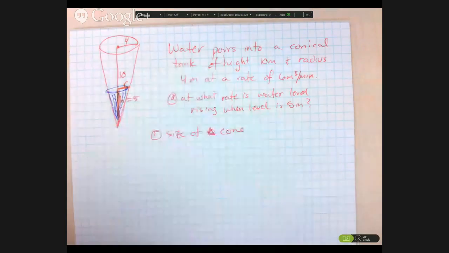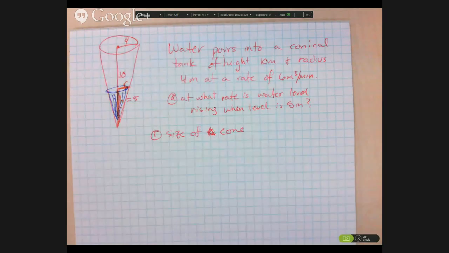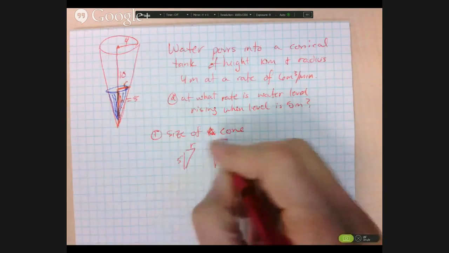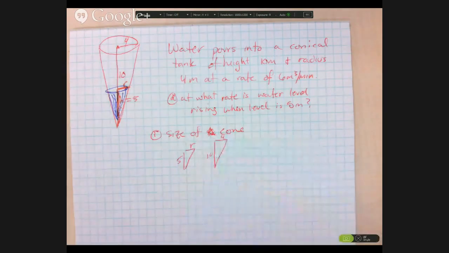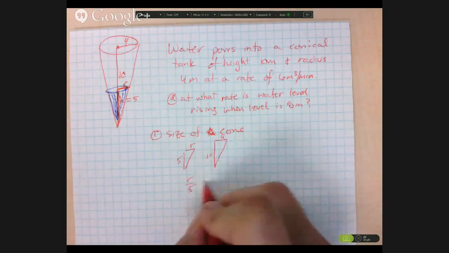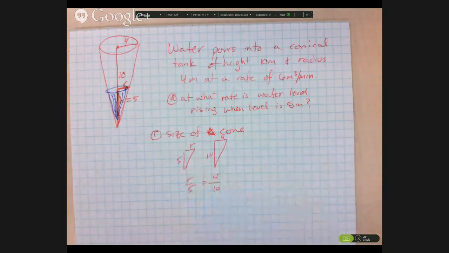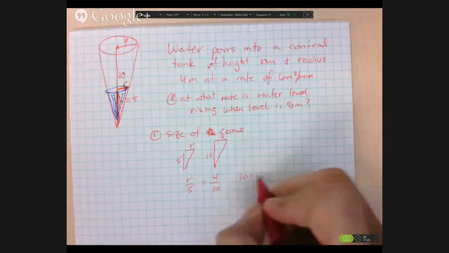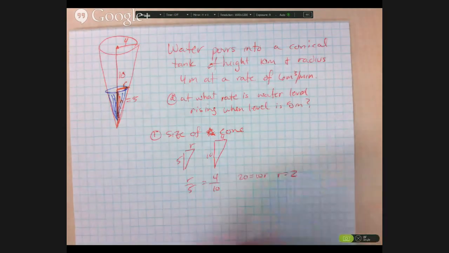Yeah, height's 5. How are we going to calculate R? Yeah, they're similar triangles. Half of 4 is correct too, Ariana. Yeah, this is the surefire way. 20 equals 10R. R is 2.